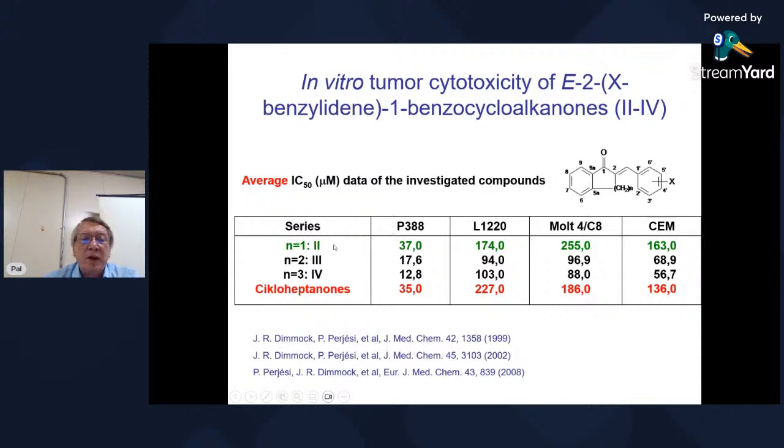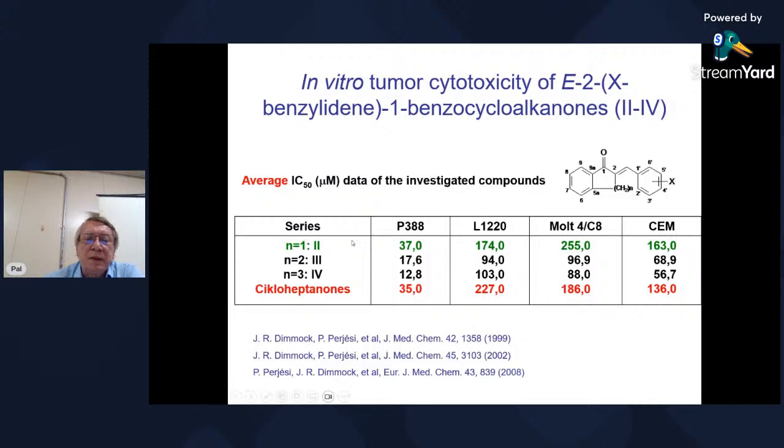This table shows the average IC50 data of the investigated compounds in this series. Here are 2 murine and 2 human lymphatic cancer cell lines.